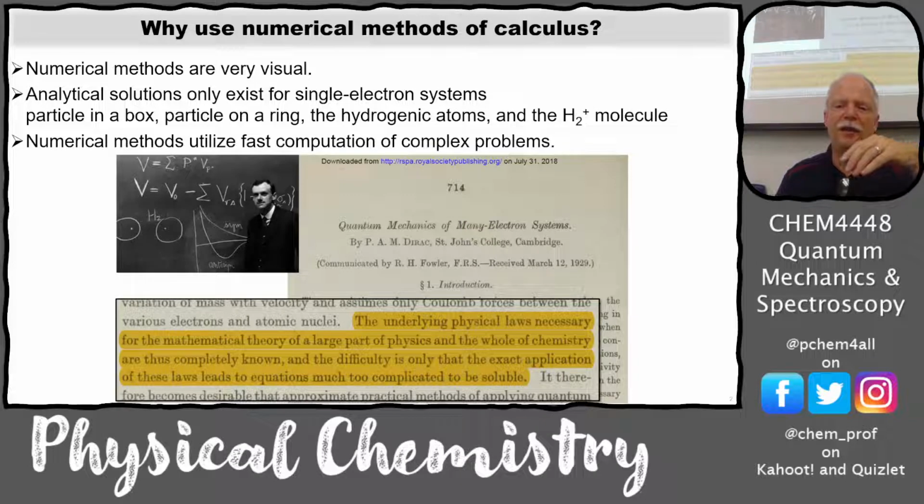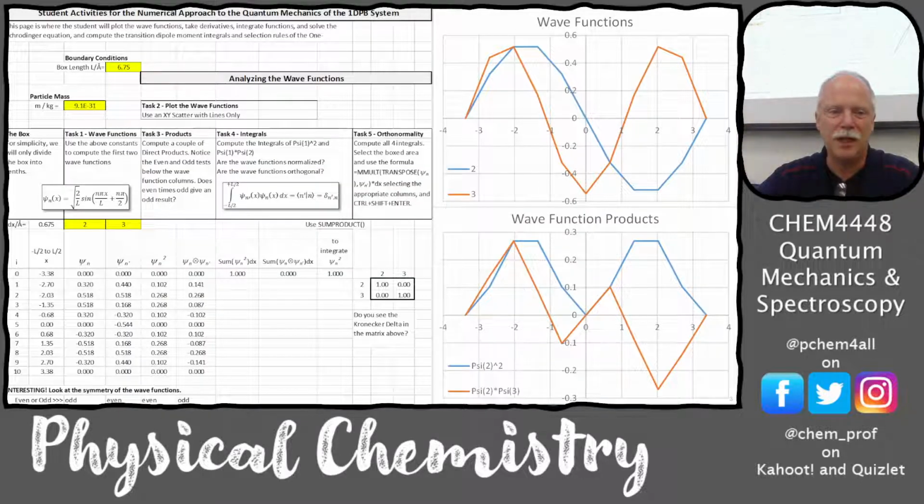On mine, I take 15 wave functions times 15 more wave functions. That's 225 integrals. And the time it takes me to do 225 integrals is Control-Shift-Enter. Right, and it does them. So you can't do that many transition dipole moment integrals by hand. So this is what your spreadsheet will look like next week in the lab.